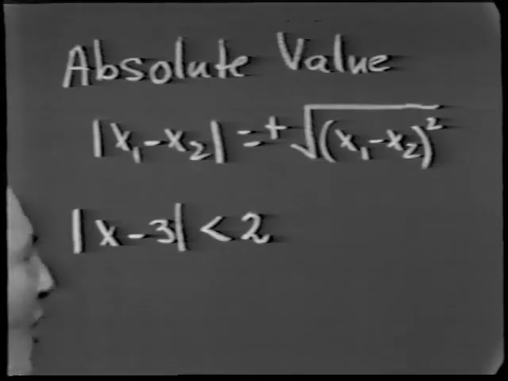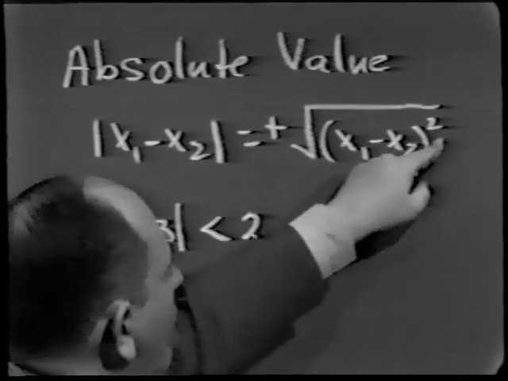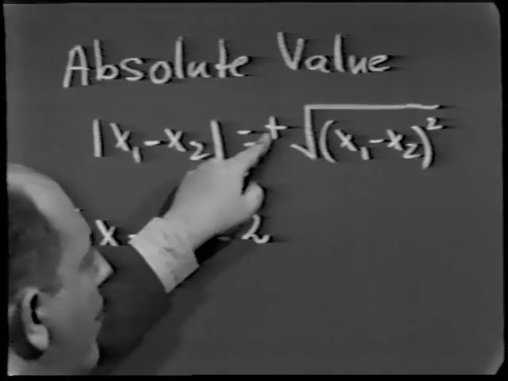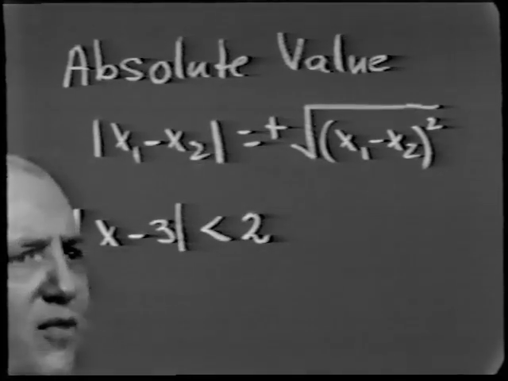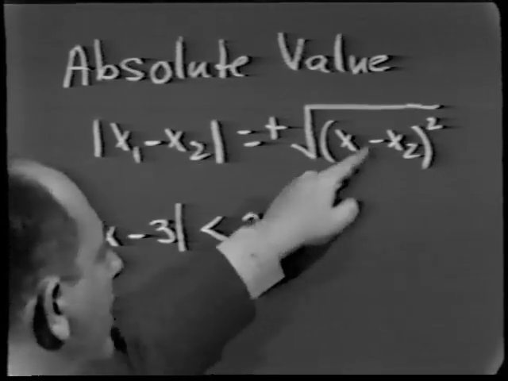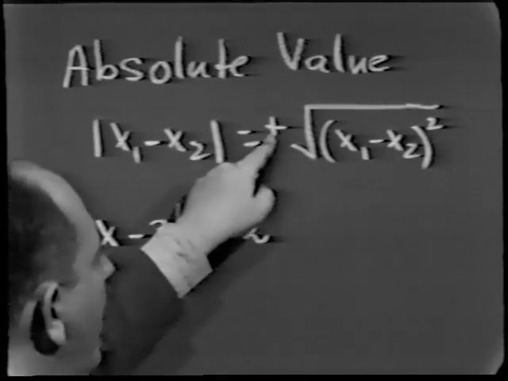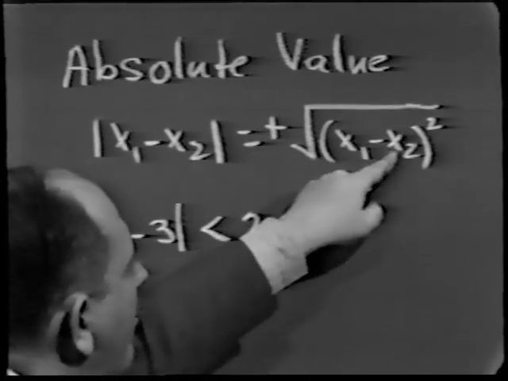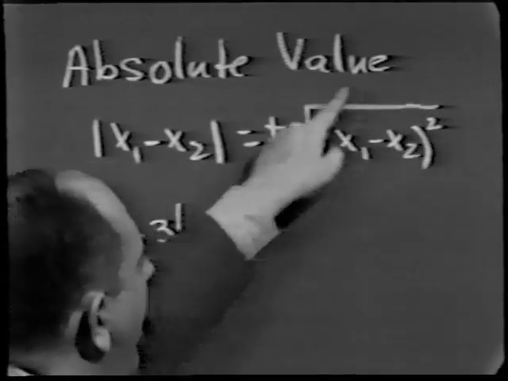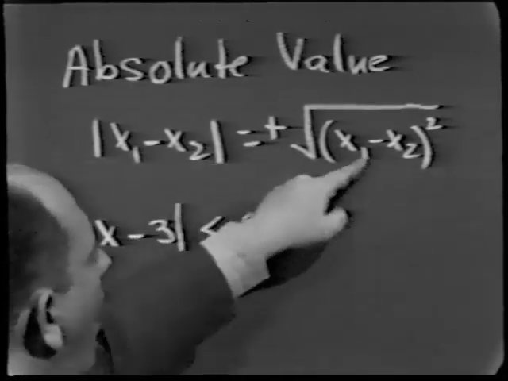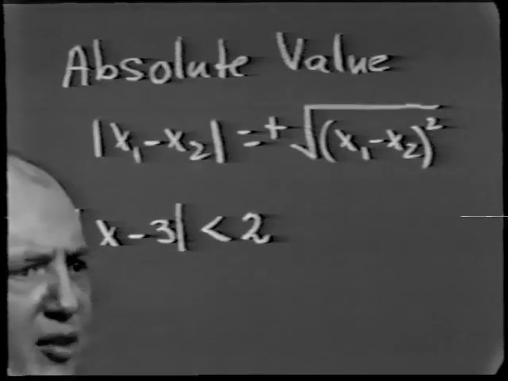And in plain English, all this says is what? When you square and then take the positive square root, you haven't undone what you've done before. All you've done is what? If it's positive here, you haven't changed anything. But if x1 minus x2 were negative, when you square it and extract the positive square root, all you've done is change the sign, just like you're supposed to.